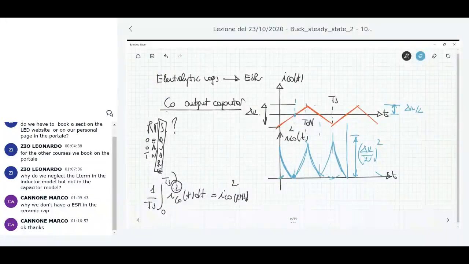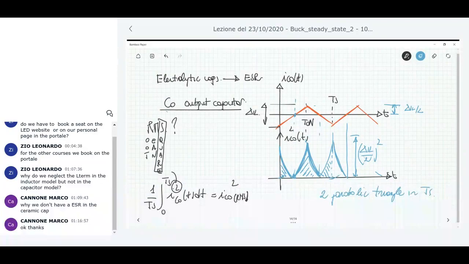How many of these parabolic triangles do we have in a period Ts? This half here gives us one of these parabolic triangles, and so we have two parabolic triangles in Ts. Sorry for giving that name, but I don't know how else to call them. This is the square.